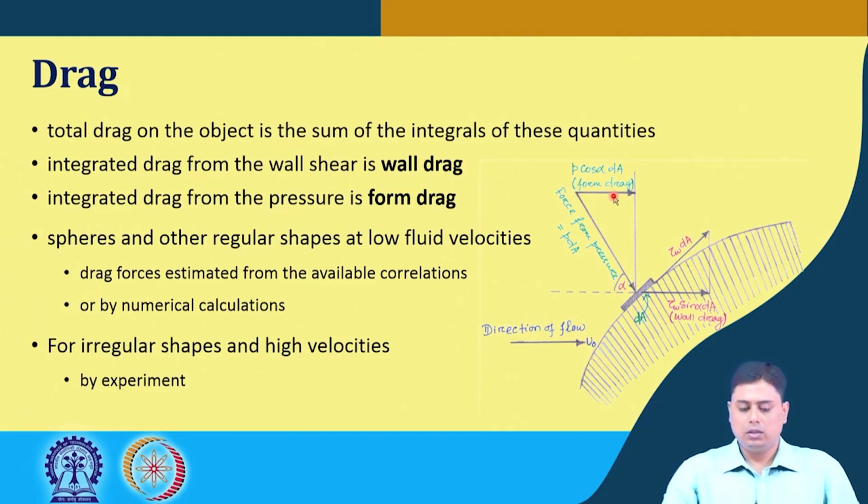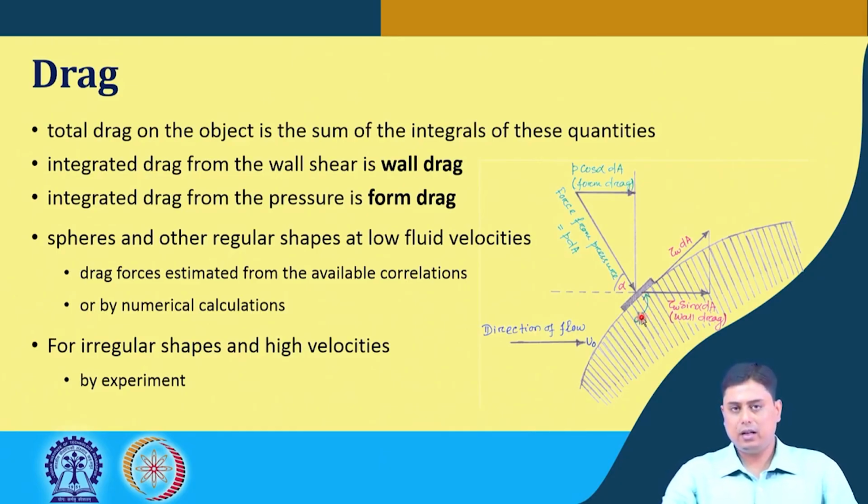So the summation of these two integrals gives the overall drag force on this slanted object, which makes an angle alpha to the direction of the flow.